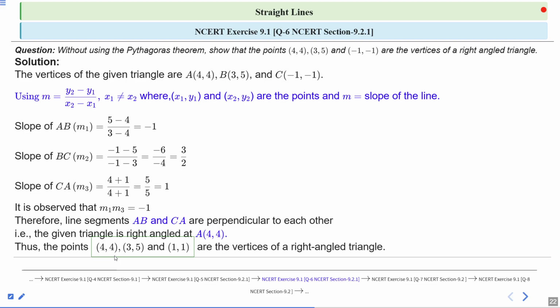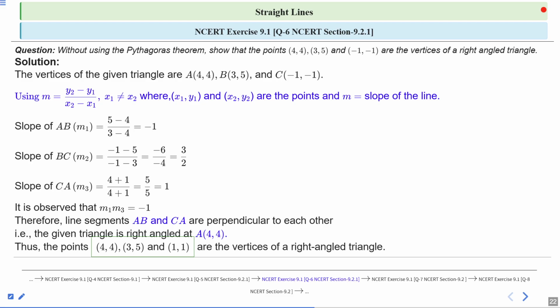Thus the points (4, 4), (3, 5) and (-1, -1) are the vertices of a right angled triangle. So it is shown that the points are the vertices of a right angled triangle.